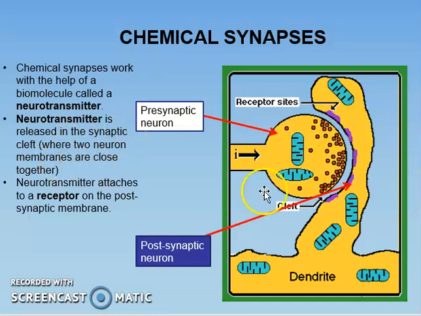Now have a look at the structure here. This is one end foot of the presynaptic neuron or the sending neuron, and this is quite closely connected to the dendrite of the receiving neuron or postsynaptic neuron.